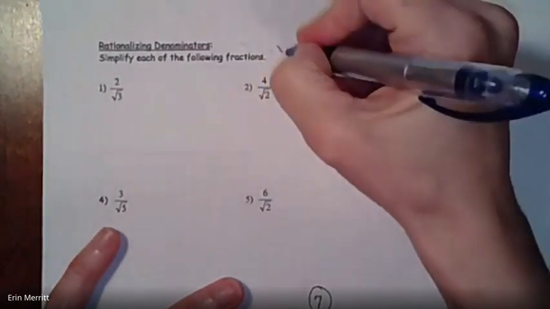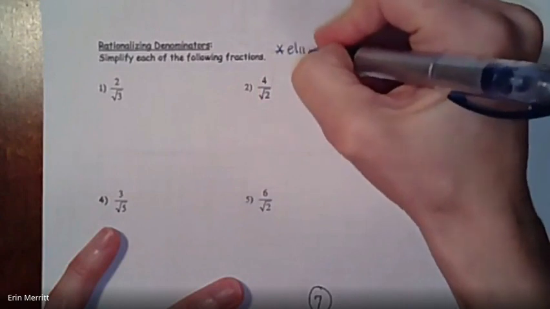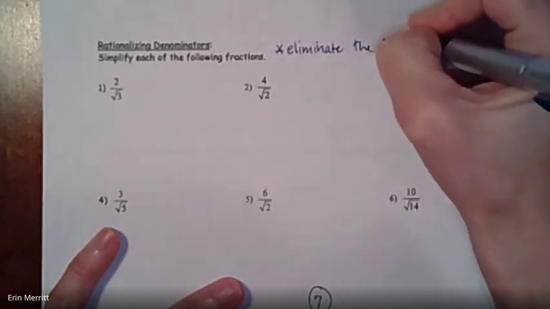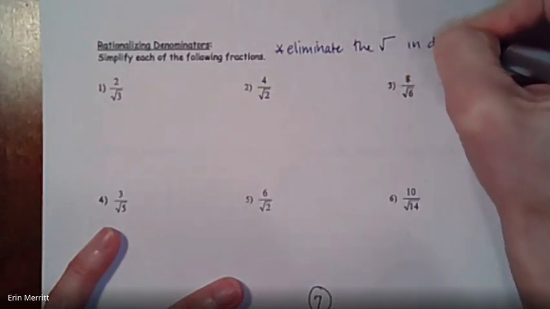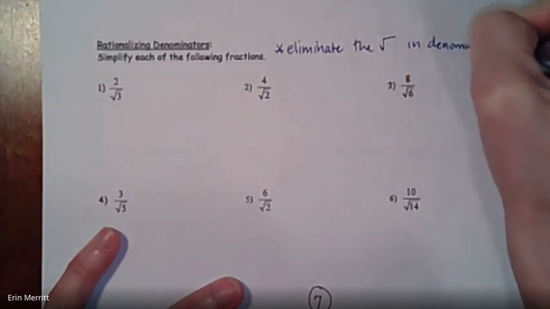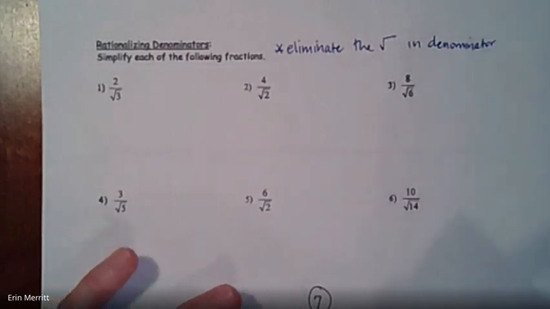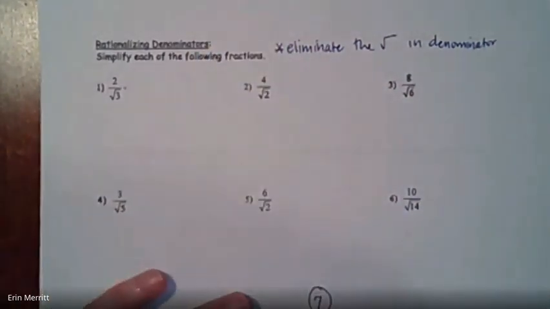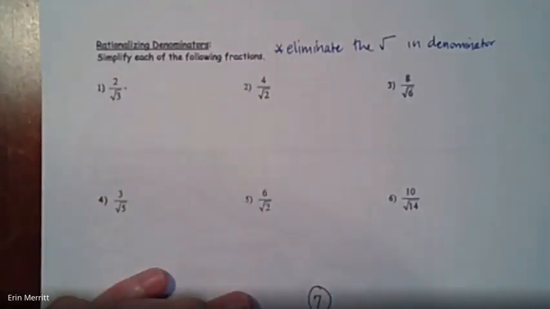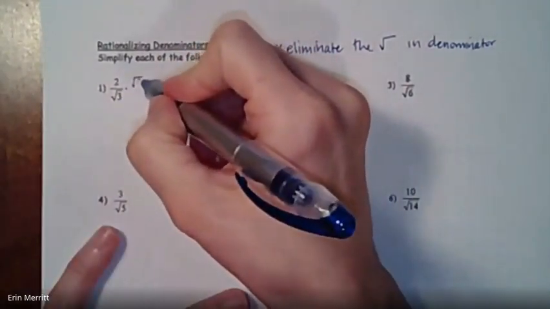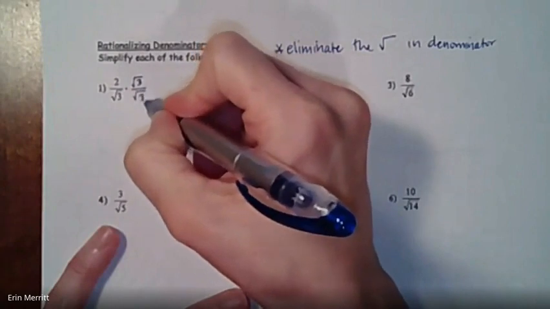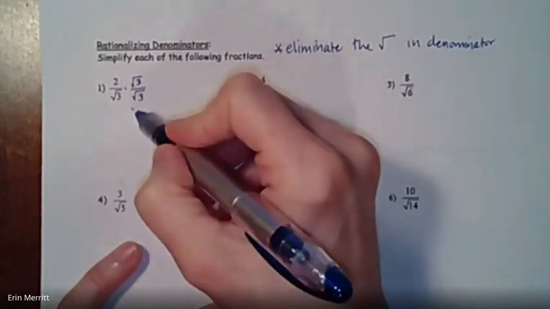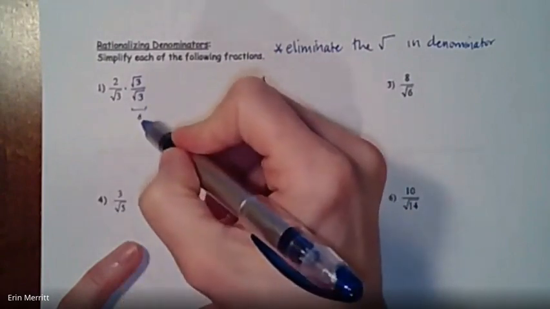So to eliminate the radical in the denominator, what we're going to do here is take whatever fraction we have. So like this first one, since there's a radical 3 in the denominator, we're going to multiply this fraction by whatever radical's in the denominator over itself. So radical 3 over radical 3, because that value is really just equivalent to 1.